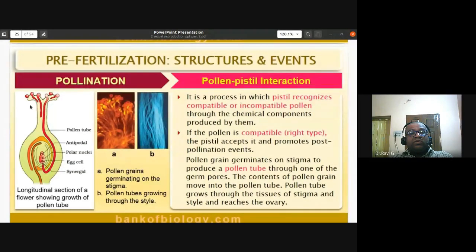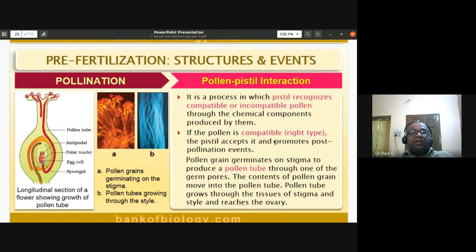On the stigma, they have certain chemical components which recognize if the pollen grain is from the same species or from other species.